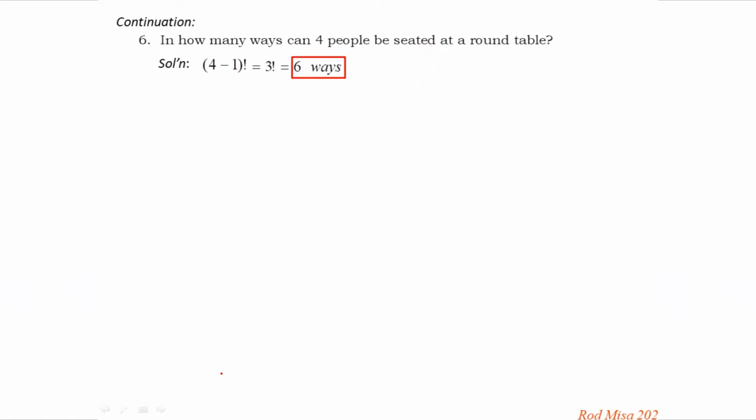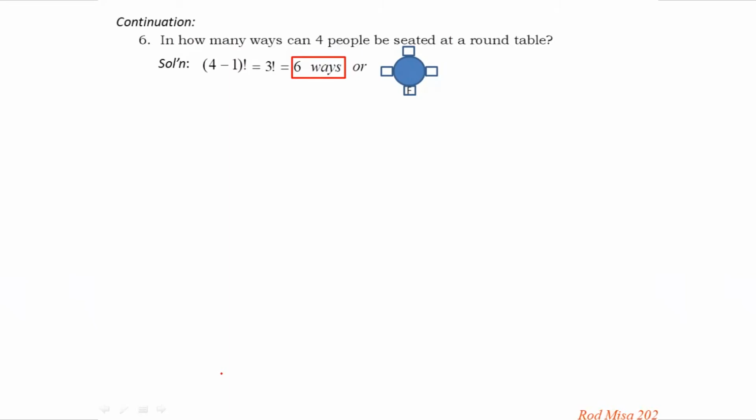Or you can use our fundamental principle of counting. So here I will draw a round table wherein I can place the 4 chairs around it. Now I can place the first person as a reference person because this is a circular arrangement. And why is it that there is a fixed person?